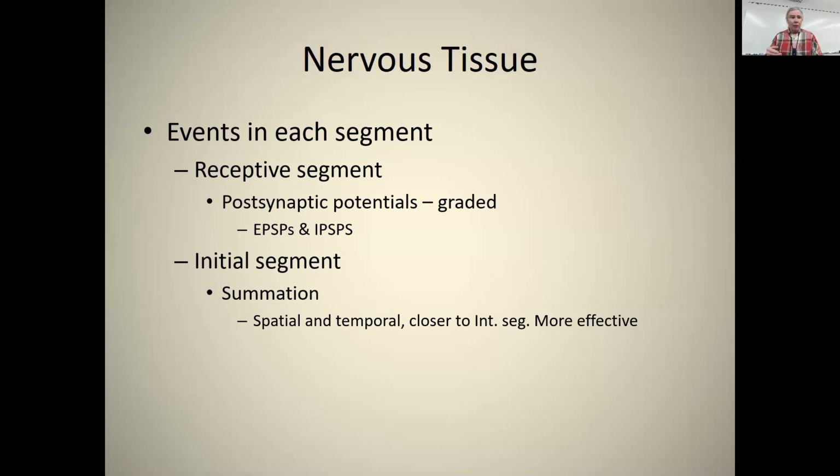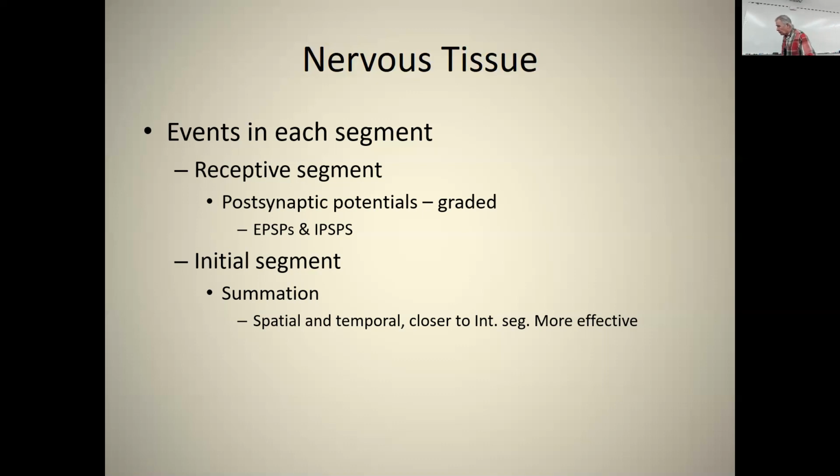And so if these IPSPs and EPSPs, particularly EPSPs, don't depolarize the membrane potential at the initial segment to minus 55, that's called subthreshold. And that means the cell's off. If it does bring it to minus 55, then it is threshold, and the cell will fire an action potential.